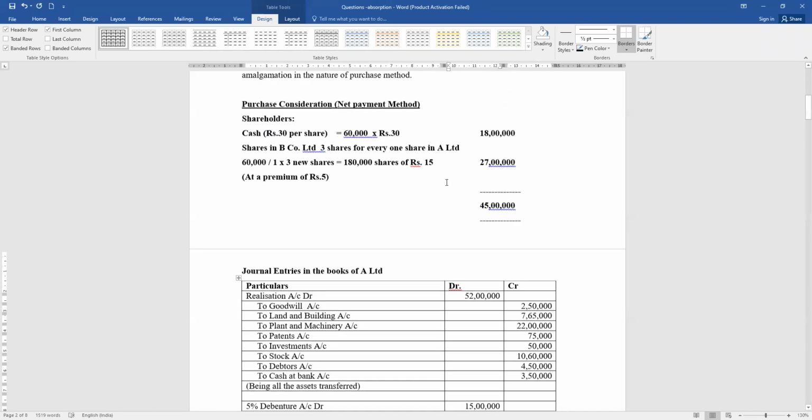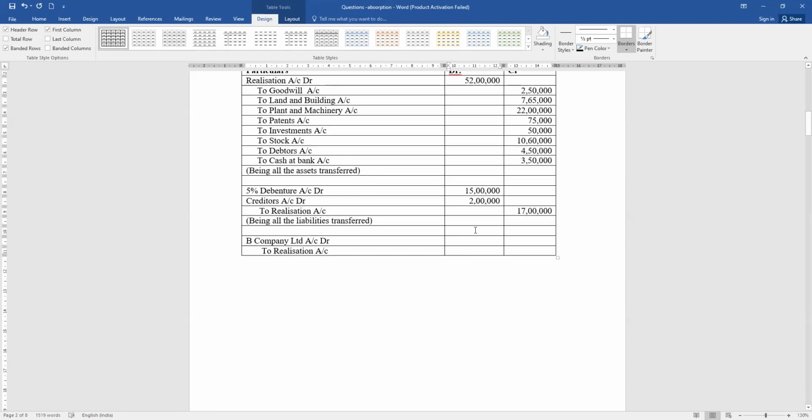Okay, how much is the amount? The total PC due is 45 lakhs, right? 45 lakhs. So the narration will be being purchase consideration due.